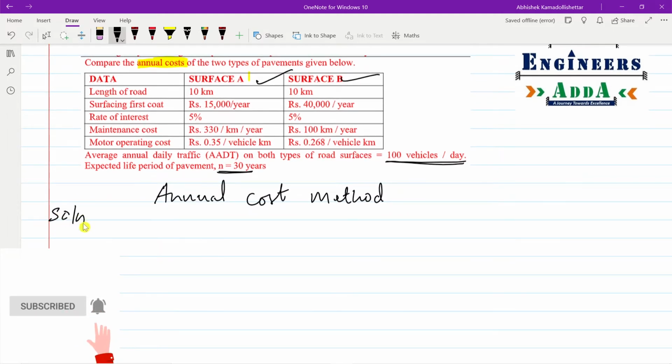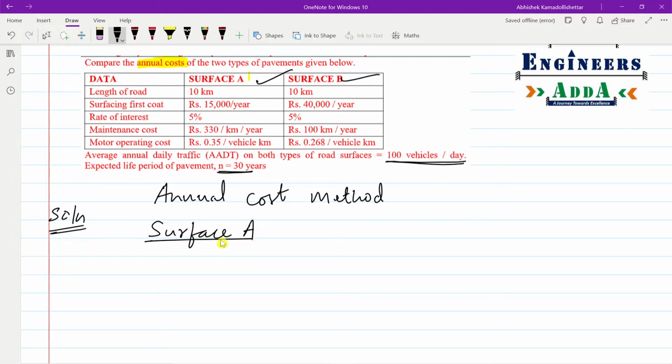The first thing we are solving, as I told, is for surface A. This question is very important from the exam point of view. So let us write the formula. It is the capital recovery formula.